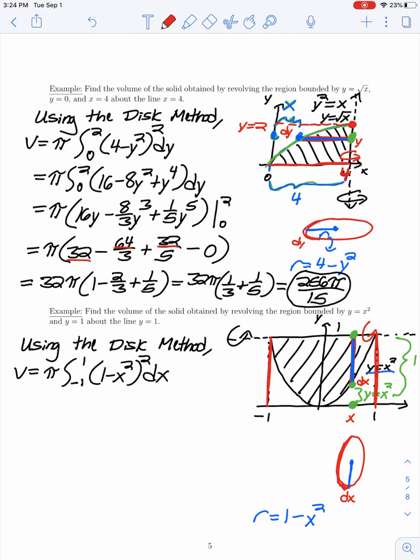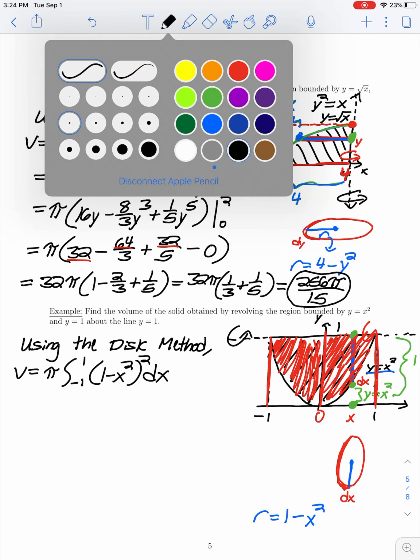If I were to calculate the volume by integrating from x equals 0 to 1, that is, if I took this shaded region and revolved it about the line y equals 1, I could then just double that value to get the volume of the solid obtained by revolving this entire region about the line y equals 1.